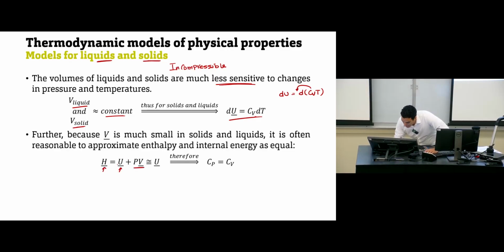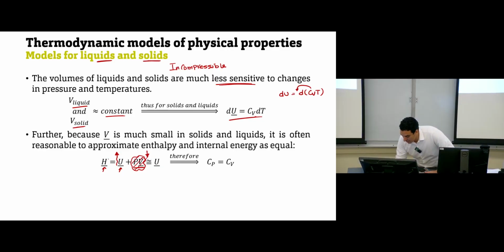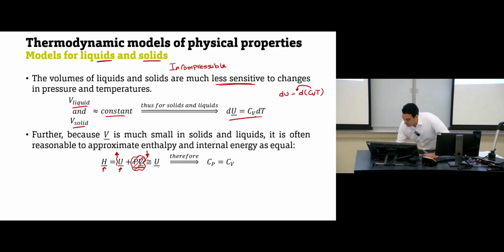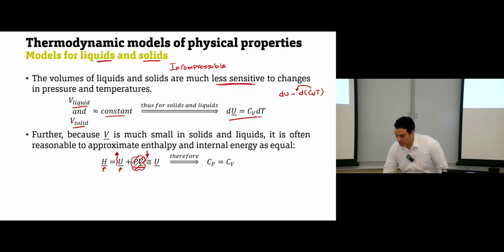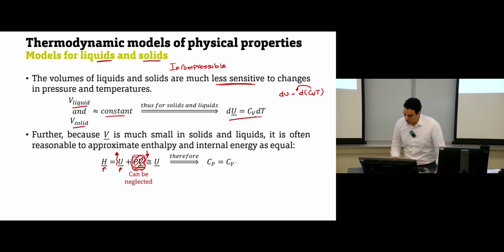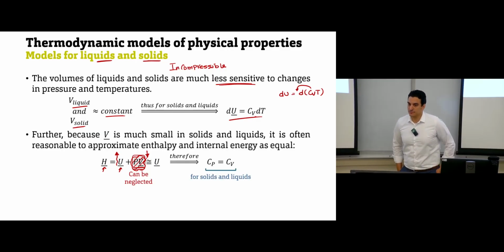This internal energy value is very huge. For liquids and solids, the PV value will be very small compared to internal energy. So we can neglect it, and we can say for liquids and solids, the value of enthalpy is almost equivalent to the value of internal energy. Or in other words, the value of Cp equals the value of Cv for liquids and solids.